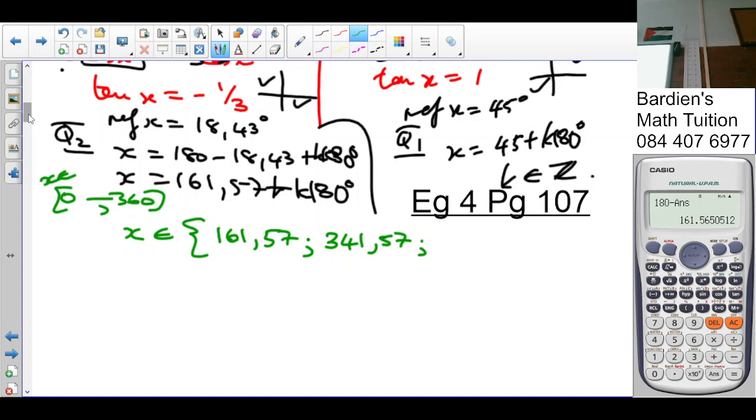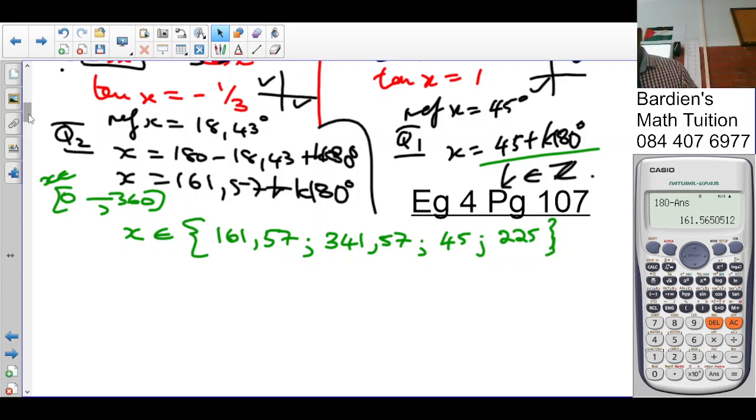If I put negative 1 in here, it's going to be negative 18.43, which is outside. Now do the same here for 45. If I put 0 into k, I'll get 45 degrees. Put 1 in, I'm going to get 225. Put 2 in, it will be outside. Put negative 1 in, it will be negative 135, which is also outside.